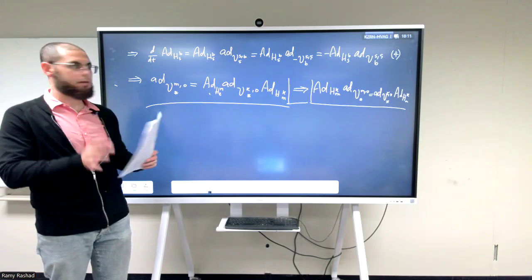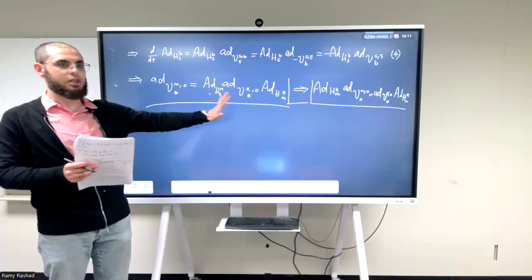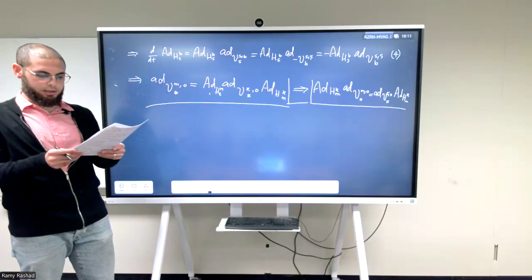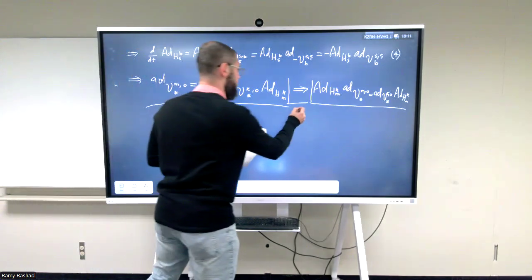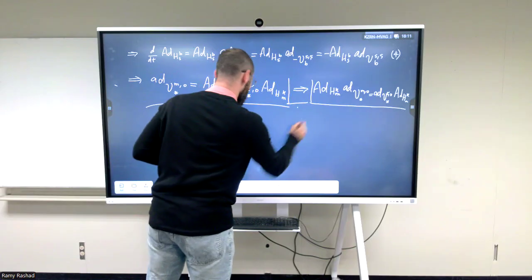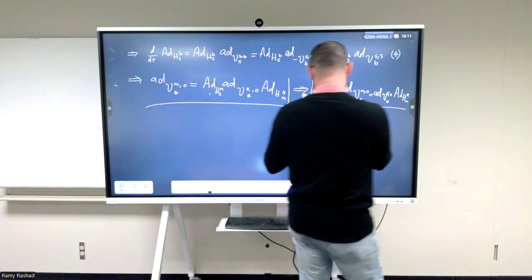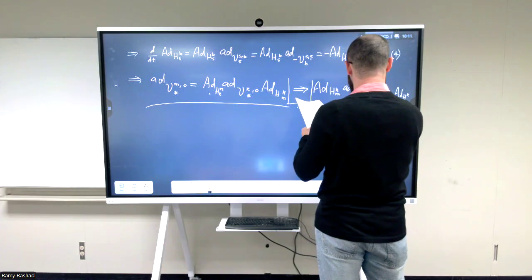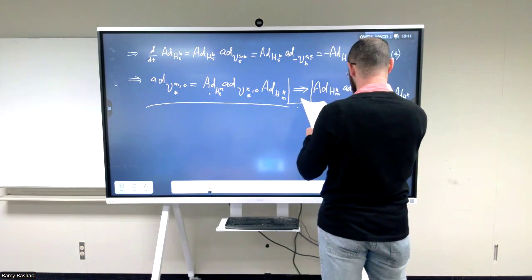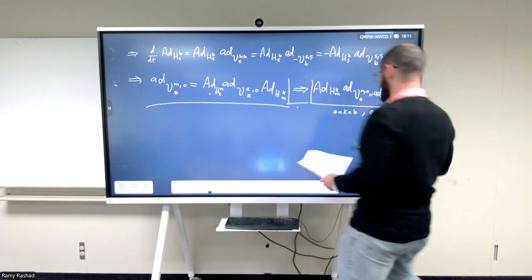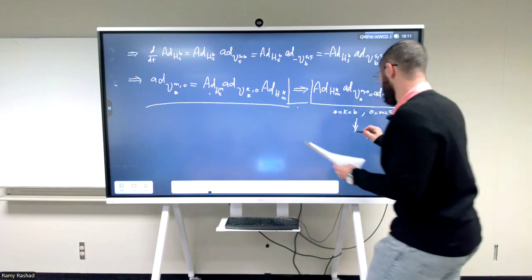Not yet. No, there's no derivatives here. It is just the property of how we change coordinates. Okay? You're going to see how we use it right now. I'm going to rewrite it again into this form because it will be useful for us. If I substitute the star and the K to be equal to B and the circle and the M to be S, what you actually get is the following expression.